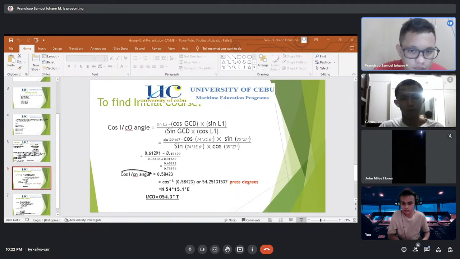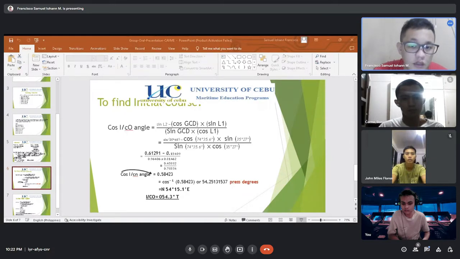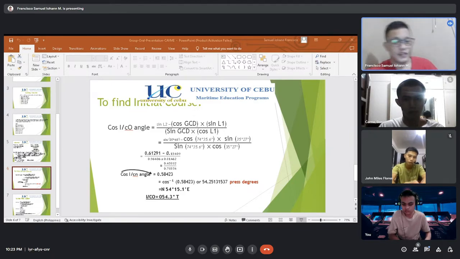So cosine GCD 74 35.6, sine 35 degrees 27 minutes, sine GCD, the same, and cosine latitude 1. So we multiply cosine and sine first, and sine and cosine. So we have the answer here 0.6129, this is sine 37 degrees 48 minutes, and 0.15409, which is the result of cosine 74 degrees 35.6 minutes times sine 35 degrees 27 minutes.